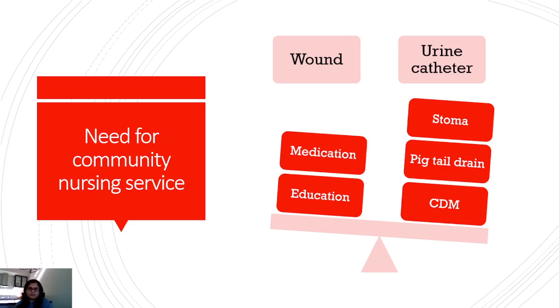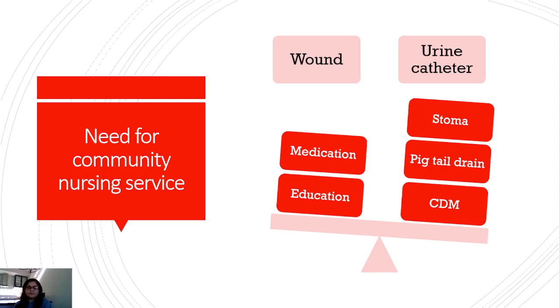There can be many other examples. Sometimes clients are temporarily put on Clexane injections, which is enoxaparin, low molecular weight heparin, subcutaneous injections. Sometimes they are not confident to do it for themselves, or they may have osteoarthritis in their fingers, so there can be an issue with handling of the device. So we have to identify the need when we go there to admit a client for the first time.